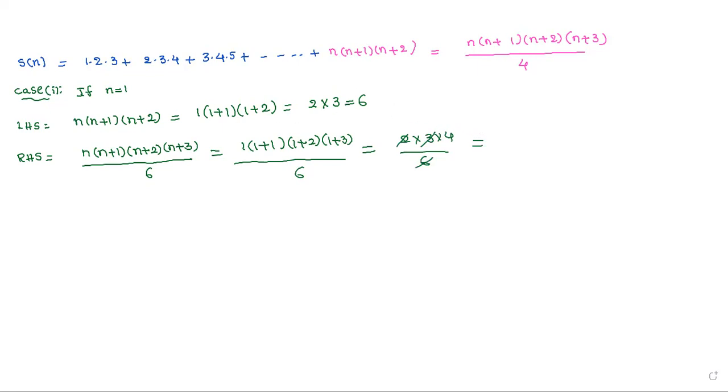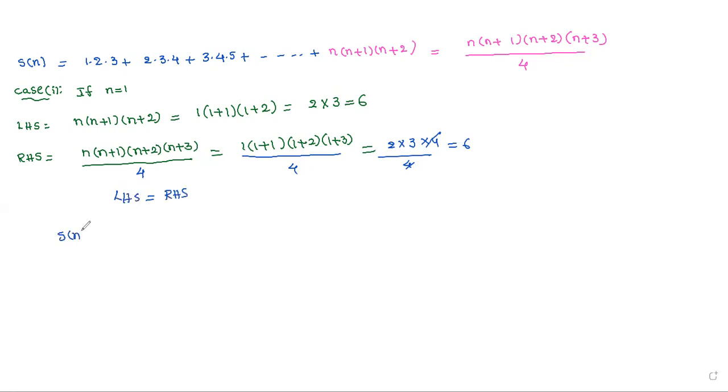Sorry, divided by 4. 2 into 3 into 4 by 4. 4, 4 cancel. 2, 3 is 6. So LHS equal to RHS.